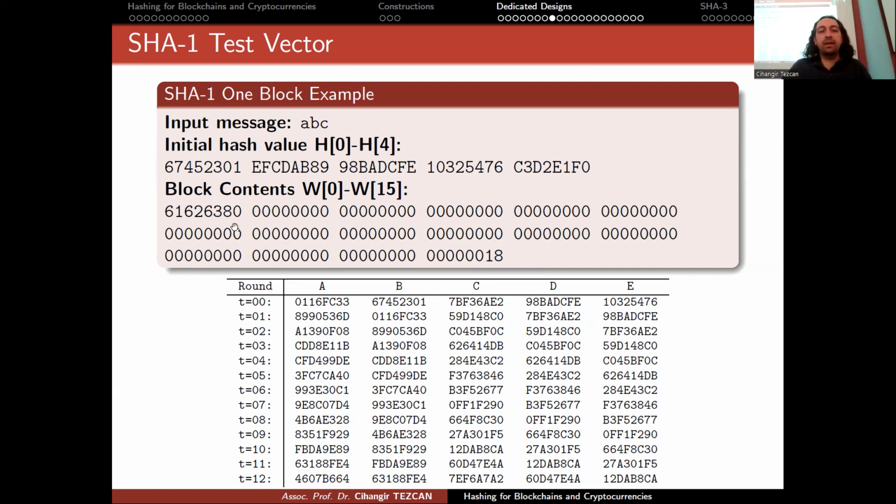This is why you have 80 here, and zeros go in this way. At the end of the block, you write the size of the input message. This is 3 characters, which means 3 bytes, which means 24 bits. So if you want to write 24, you write it like this in hexadecimal notation.